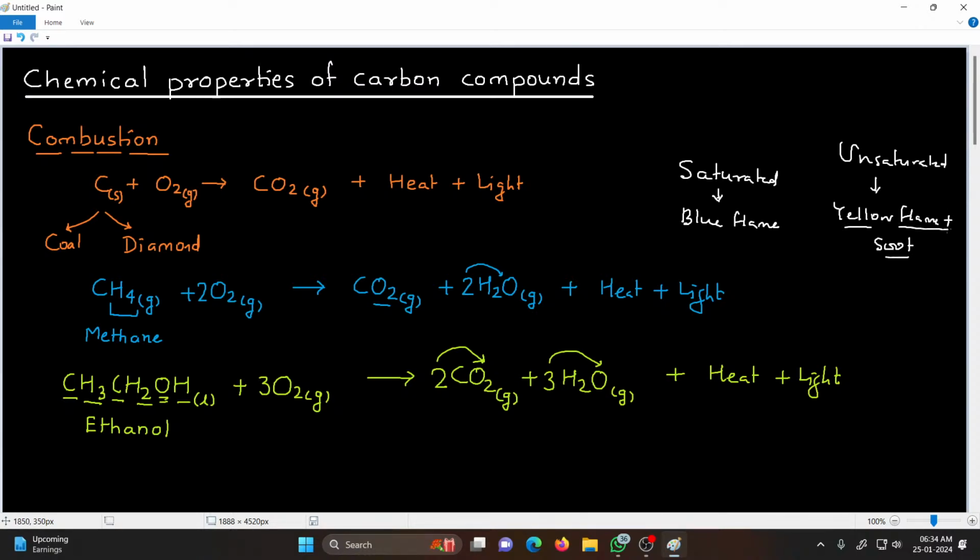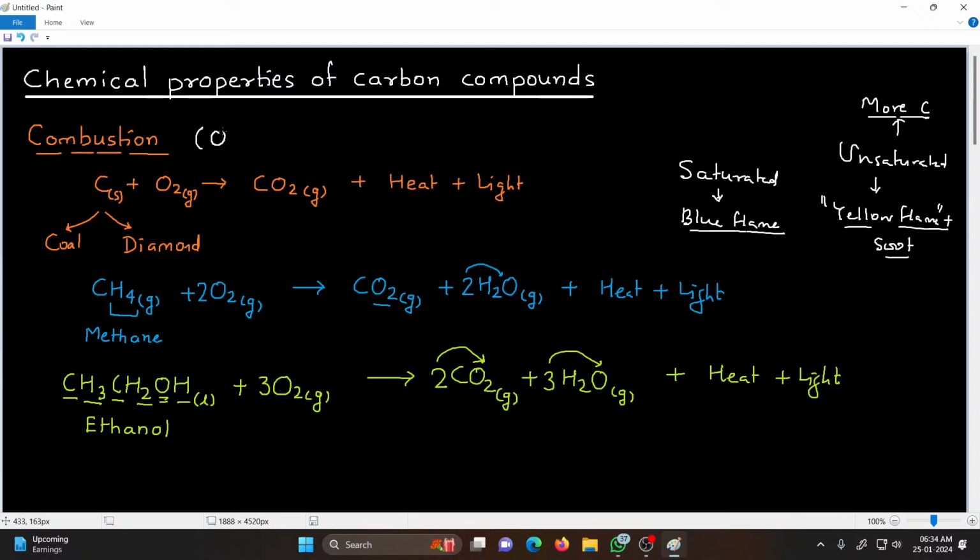Soot is nothing but smoke particles, that is unburnt carbon particles. This occurs because unsaturated hydrocarbons contain more carbon than hydrogen. So they burn with a sooty yellow flame. If sufficient air is not available, then even saturated hydrocarbon will produce smoke. So this is combustion reaction.